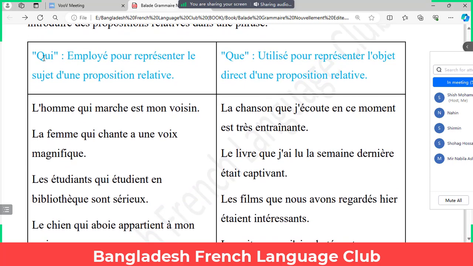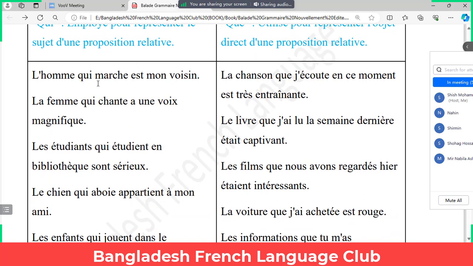So let's see first the qui. Qui employé pour représenter le sujet d'une proposition relative. So qui is used for representing a subject, right? Because qui means who.